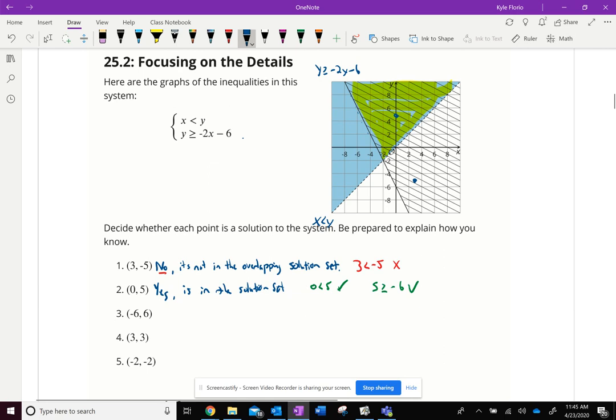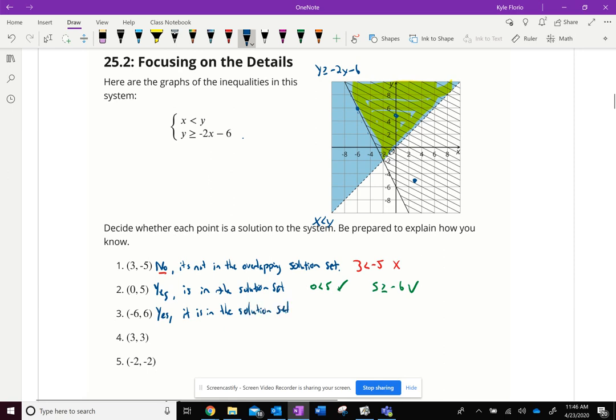Next, (negative 6, 6). That's right here. Is that in the solution? Well, let's see. It's on this solid line, so it's definitely a solution to this line, and it's obviously in the blue region. It does fit into this yellow triangle area. The answer is yes. It is in the solution set.